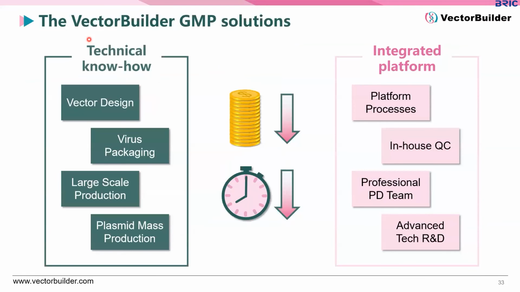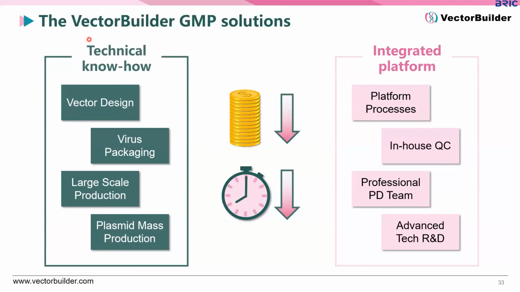So thanks to our experience with viral vectors and different methods for their production, we now have the technical know-how about the vector design, how we package them, how we scale it up into a large-scale bioreactor production, and also doing mass production of, for example, packaging plasmid. We also built an integrated platform with mature processes for different viral vectors and plasmid.